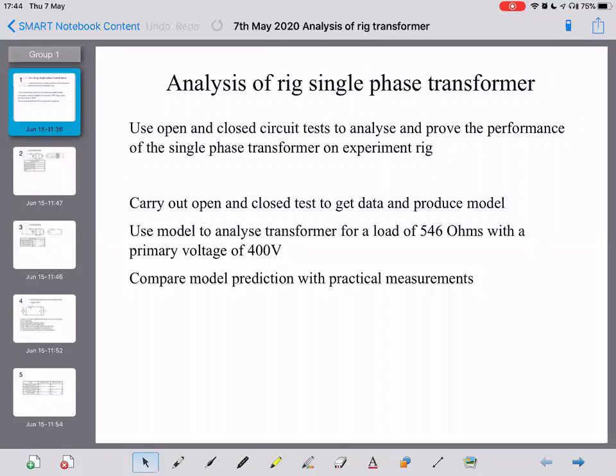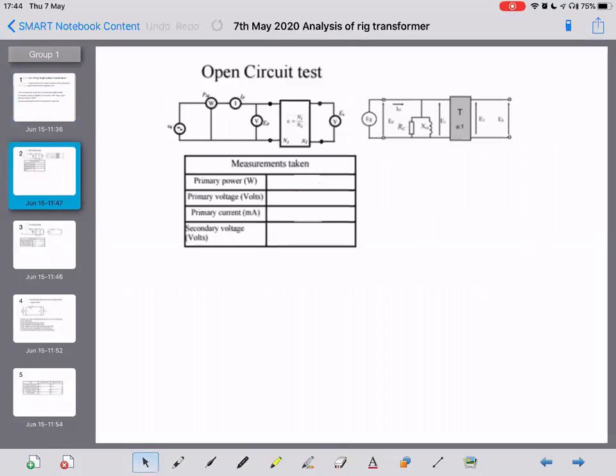So the first thing to do would be to do the open circuit test, which would involve us measuring the power in the primary side using a wattmeter, measuring the current and the primary voltage with an ammeter and a voltmeter, and measuring the open circuit secondary voltage with another voltmeter.